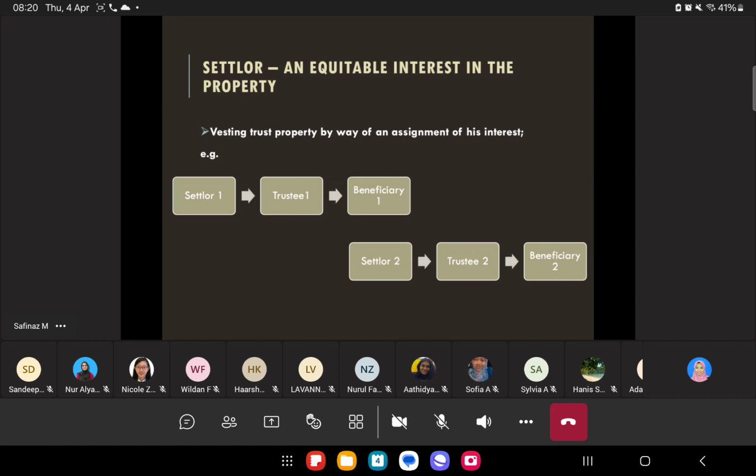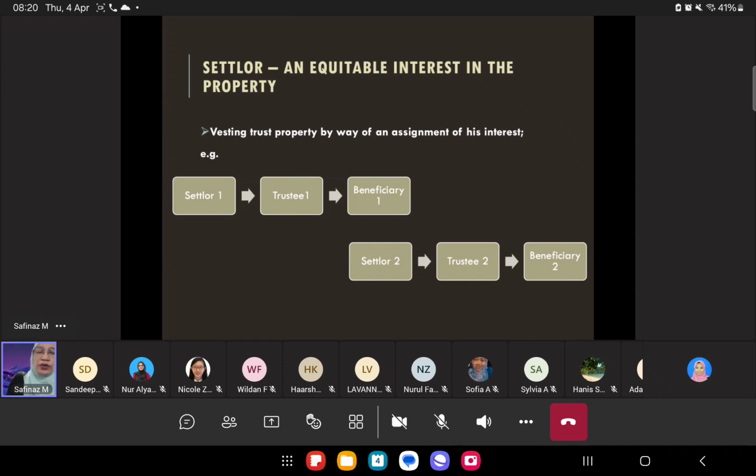So tapi dia tahu dia beneficiary of a trust. So he is going to get the trust property kan. Tapi maknanya if that is the case, dia belum ada legal title to the property. He only has an equitable ownership on the property. So adakah dia boleh buat amanah? So the answer is yes.